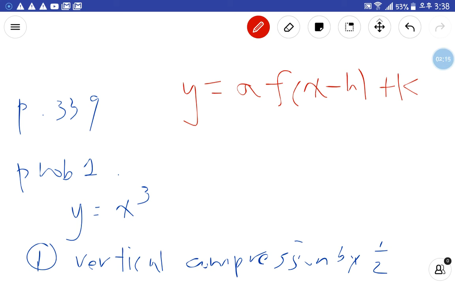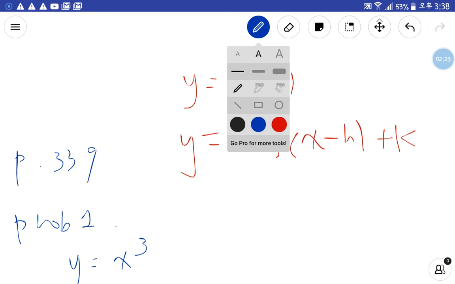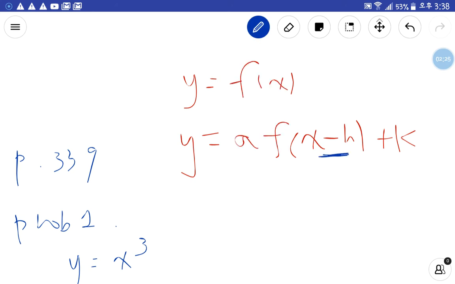So here, my original form is y equals f of x. This minus h here is indicating a horizontal shift, h units to the right or left.